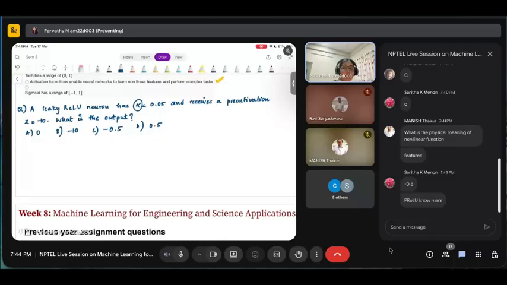So when the value is negative, it will be alpha times whatever is the value. So here the value is z. So it will be alpha times z, which is 0.05 into minus 10, which is minus 0.5.